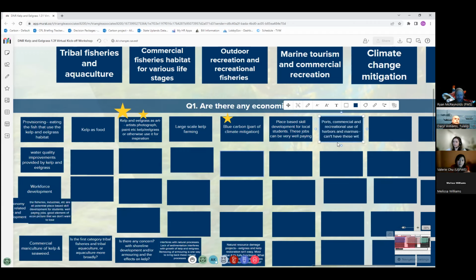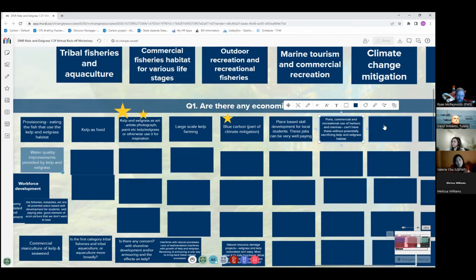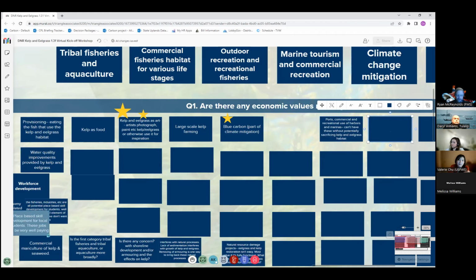Dredging navigational waterways and enlarging large ports is going to come with losses. So from a different angle, those are values and economic values we're trying to maintain with this planning, and yet they're involved in losses. And lastly, those same parties have purse strings and have mitigation and compensation ability. And so I hope that ports and commercial and recreational bays and harbors and shoreline development is considered a value that we're trying to maintain here as well.